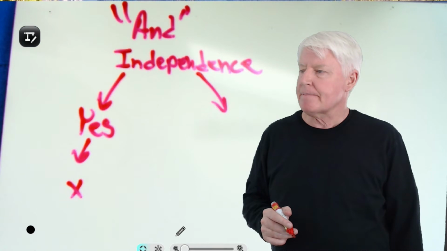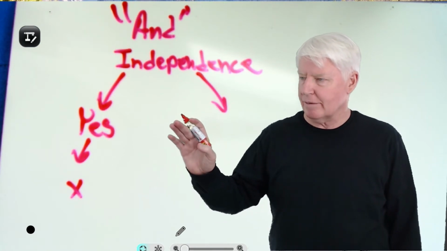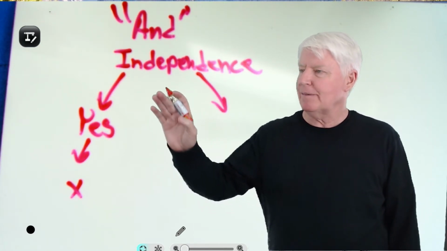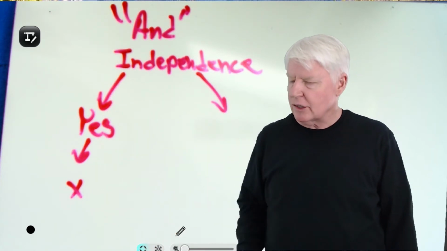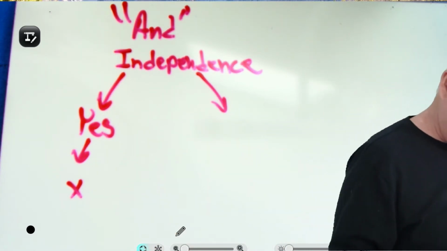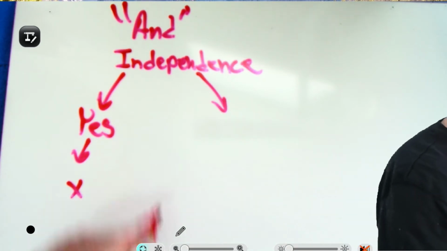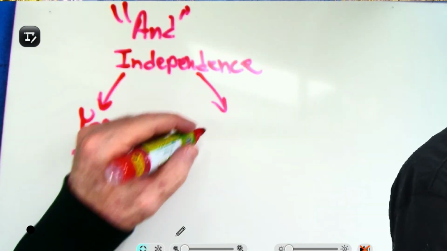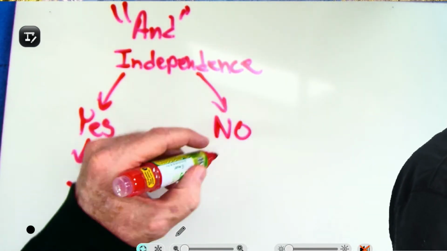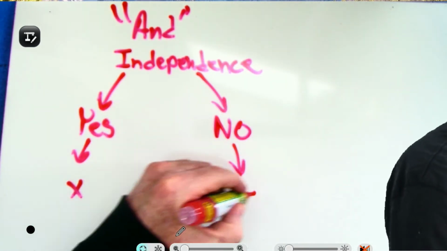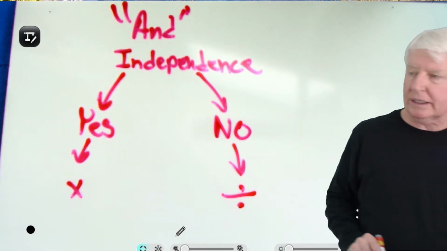The hardest part is getting the right formula. If it's an AND statement and it is independent, you just multiply the probabilities together. If it's not independent, then you will divide the probabilities.